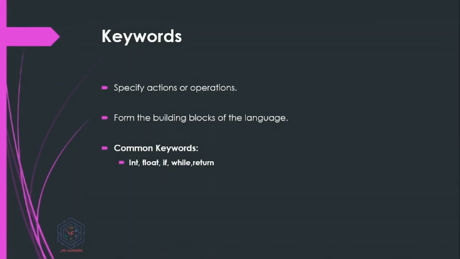Actually, what do keywords mean? Keywords are like built-in functions. That means they are already written by some other programmers. We just use these keywords in our program to perform operations. If we use int, then the compiler understands this is an integer. How does the compiler understand this?